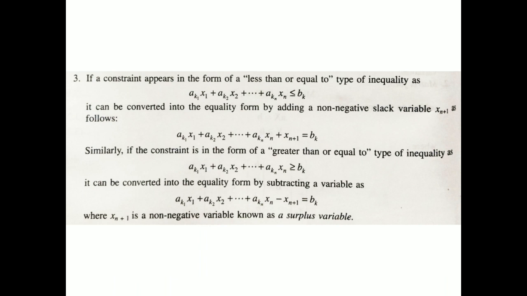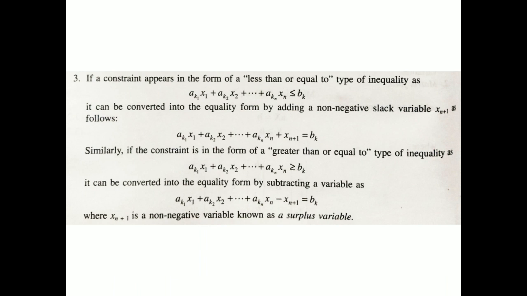If a constraint appears in the form of a less than or equal to inequality, as given here, ak1 x1 plus ak2 x2 plus dot dot dot ak n xn less than or equal to bk, it can be converted into equality form by adding a non-negative slack variable xn plus 1, so that ak1 x1 plus ak2 x2 plus dot dot dot ak n xn plus xn plus 1 is equal to bk.